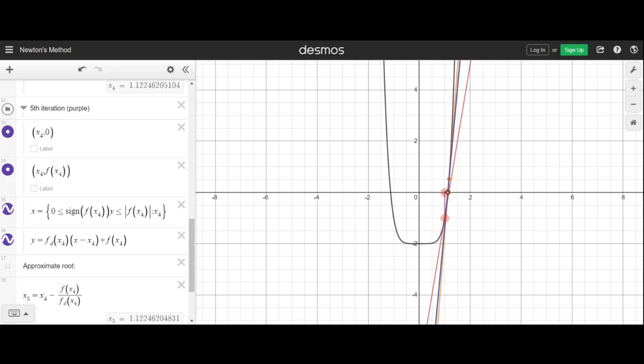So you can see in the screen here x sub 4 and x sub 5. A lot of digits agree after the decimal point, but are there 8 digits of agreement?